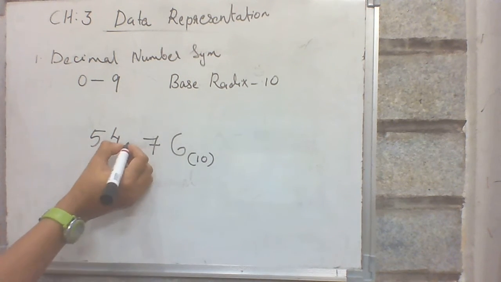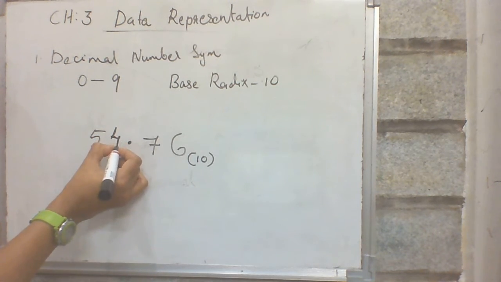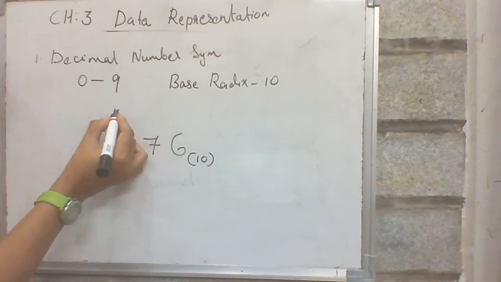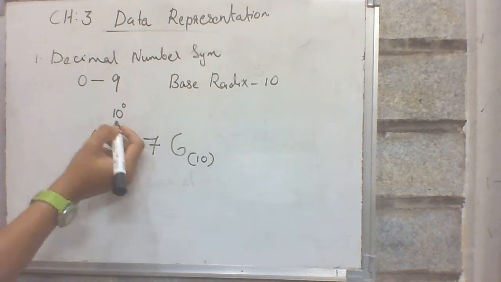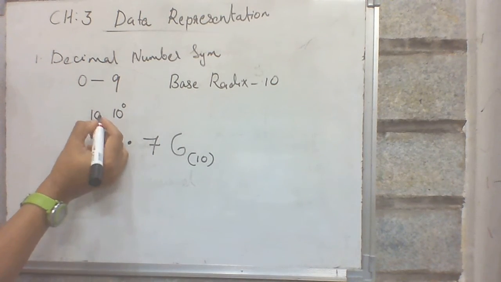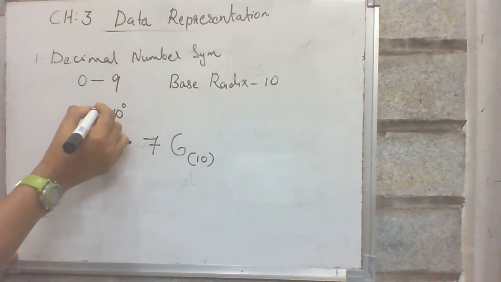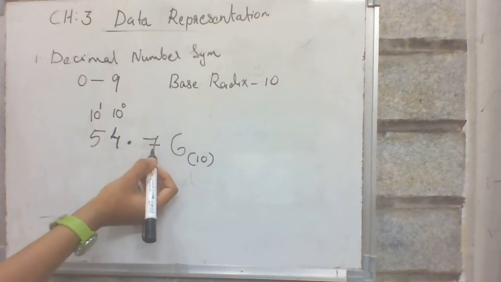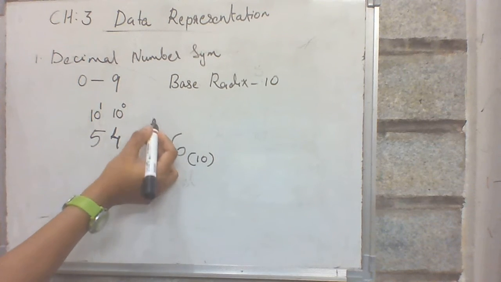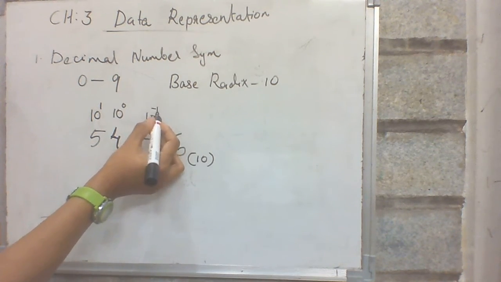See here, for this 4, the positional value is 10 to the power 0. This one is 10 to the power 1. After the point, the positional value is 10 to the power minus 1.